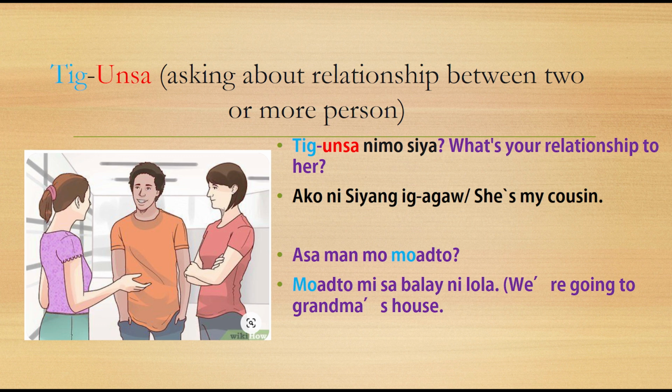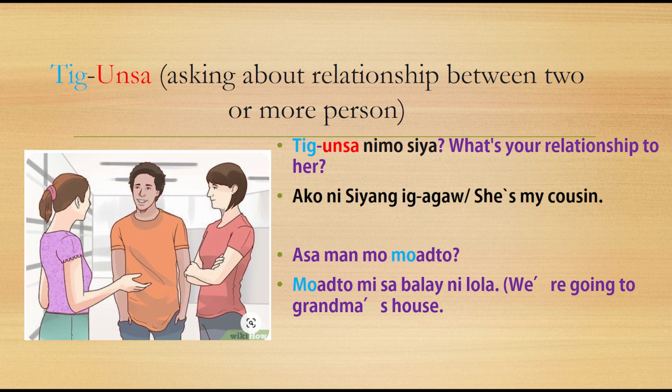Maybe somebody saw you walking with a girl, and Filipinos, like marites, when referring to someone who always wants to gossip about you, when they saw you walking with someone else, they will always ask, kinsa to imong kauban gahapon. So they would say, tigunsa nimo siya, what's your relationship to her or to him? Tigunsa mo niya. Okay. Or tigunsa nimo siya.